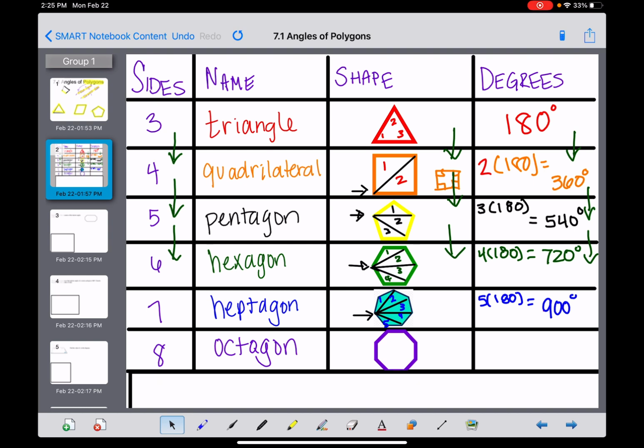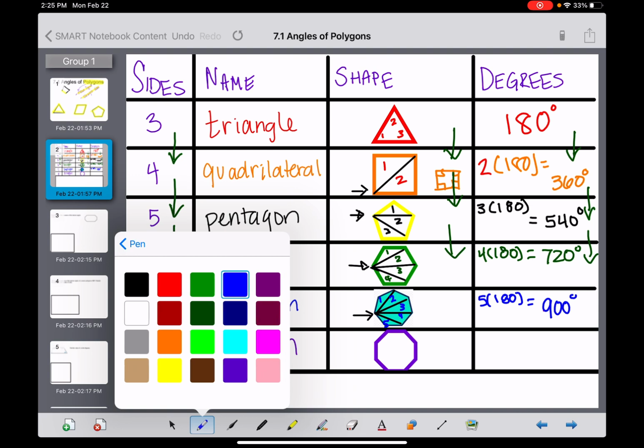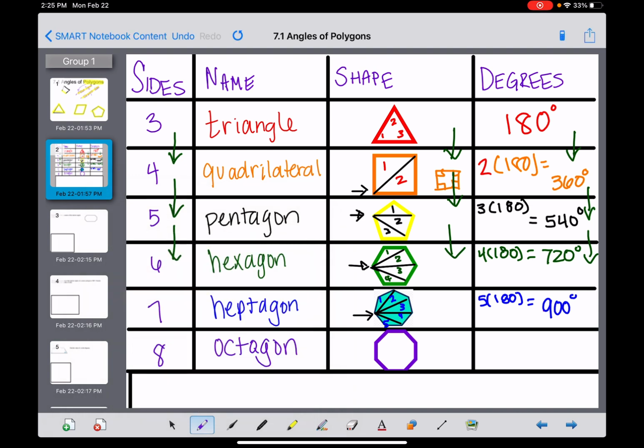An octagon is an 8-sided figure, 8 sides, 8 angles, and we're going to skip our diagonal step because we know it's going to have 6 triangles within, and 6 times 180 degrees is 1080.